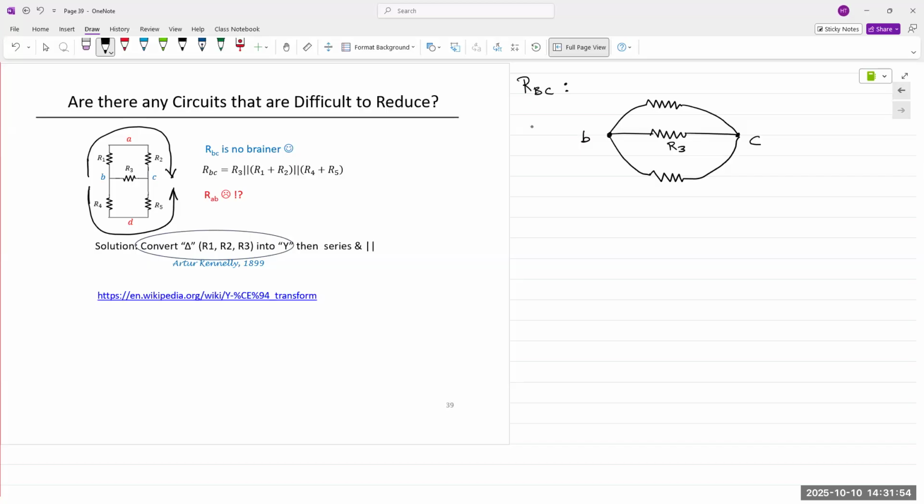And so R1 and R2 are in series. And so I can write R1 plus R2. Same thing at the bottom. We have 4 and 5 in series. And so I can write R4 plus R5. Okay. And then, of course, those 3 are in parallel.